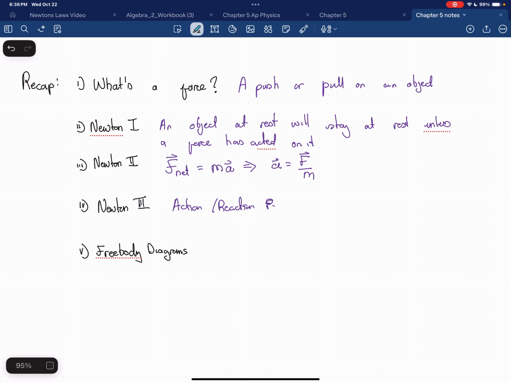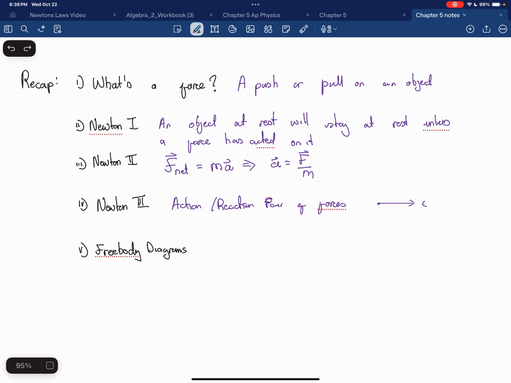Then Newton 3 is basically action-reaction pair forces. If I have two particles, particle A and particle B, now imagine these vectors are equal: the force of A on B should be equal in magnitude to the force of B on A. Imagine that particle A puts a force on particle B, and particle B just returns that force in a different direction.